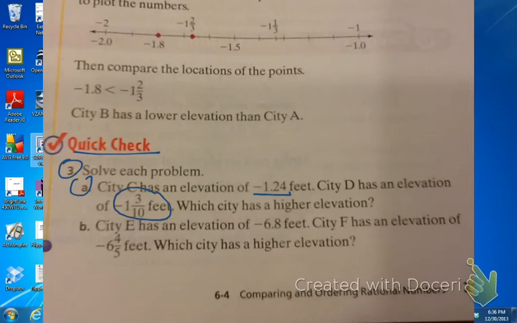Again, I'm going to make this negative 1 3/10 into a decimal. So take 3 divided by 10, and you would get 3/10, or you would know that 3/10 just could be written with a 3 in the tenths place. And now I can look at this.